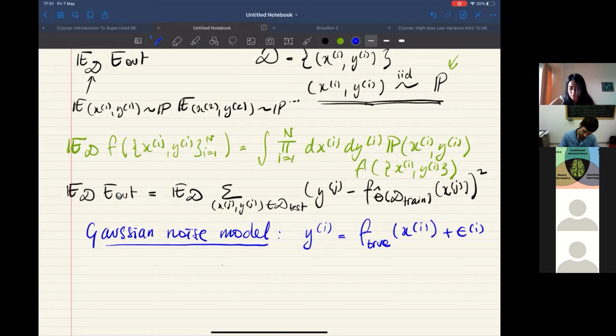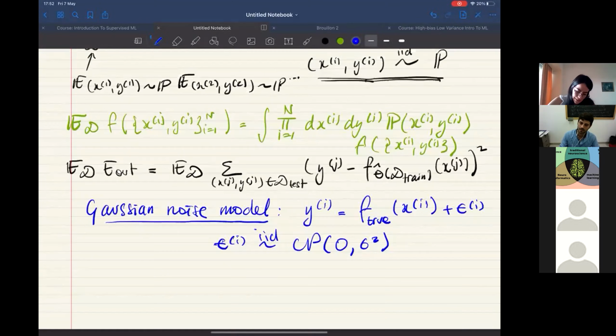Where this noise variable are IID, and they are drawn according to the standard normal distribution of mean 0 and variance sigma squared. Is it clear what this means?